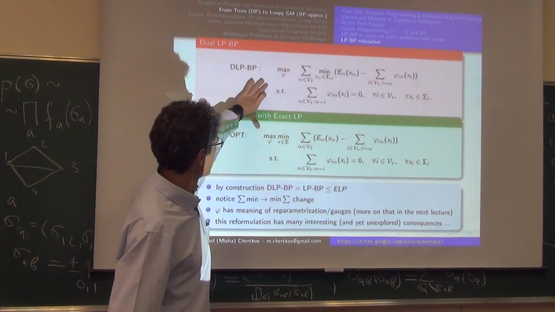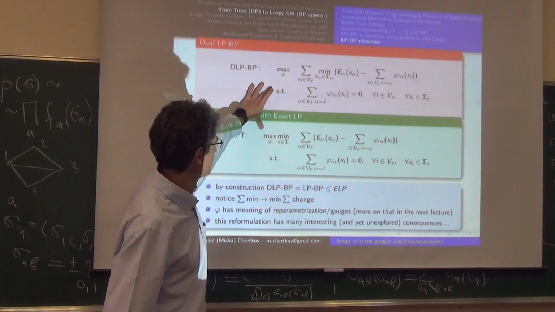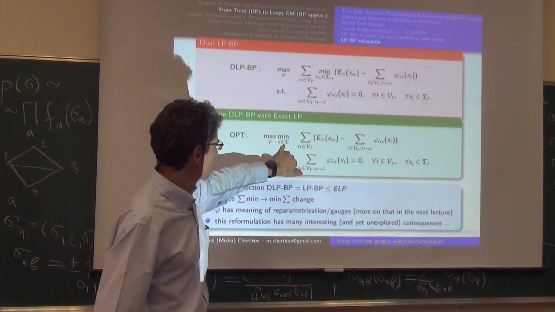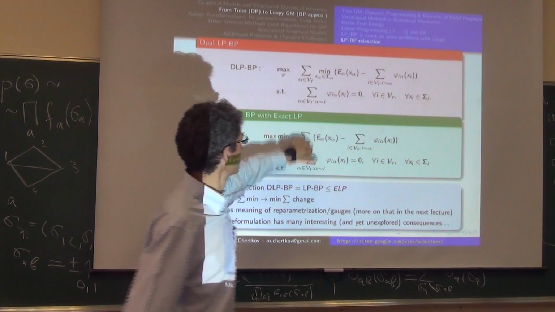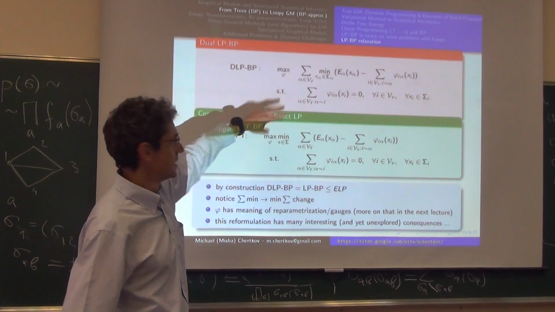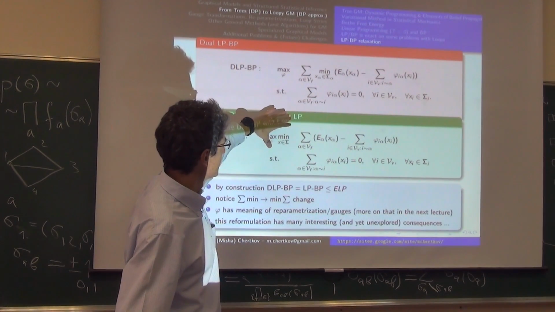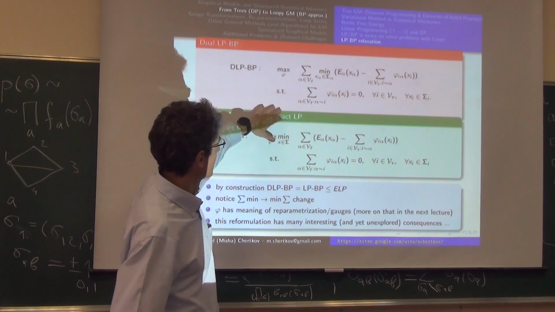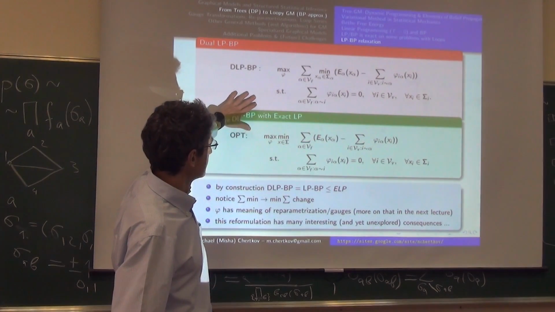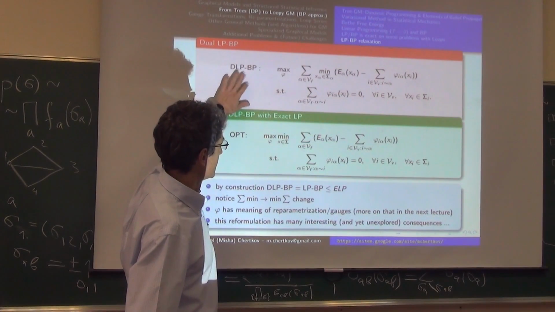But compare those two formulations. They basically look very much the same, with the exception of the fact that there is min and there is sum, right? And here there is min and there is sum, but they're in a different order. And that's basically another way to see, and another way to understand, belief propagation, and rather useful.